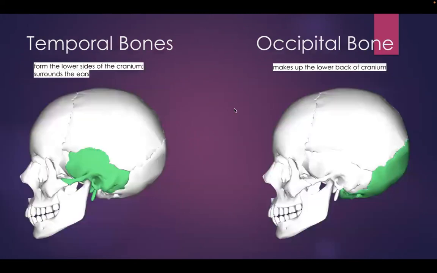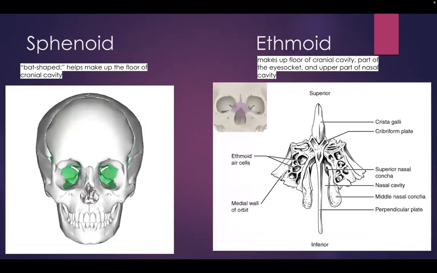The temporal bones will form the lower sides of the cranium surrounding the ears. The occipital bone will make up the lower back of the cranium. The sphenoid is inside of the cranial cavity.